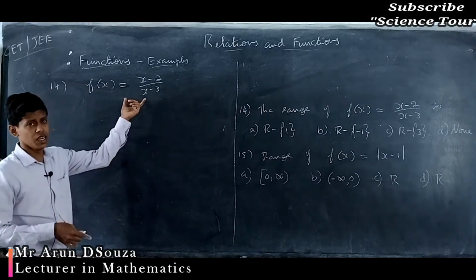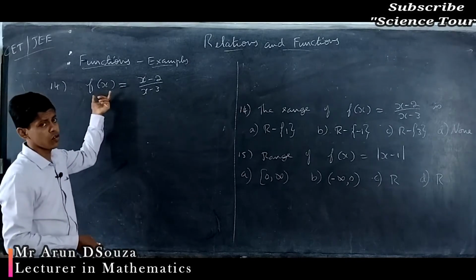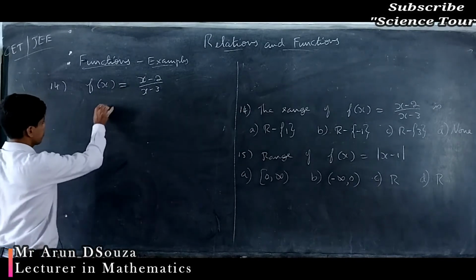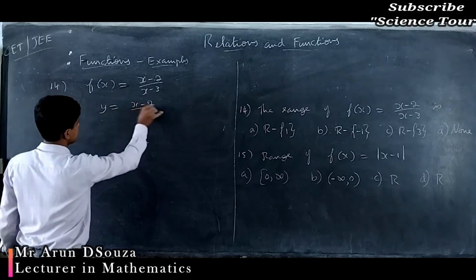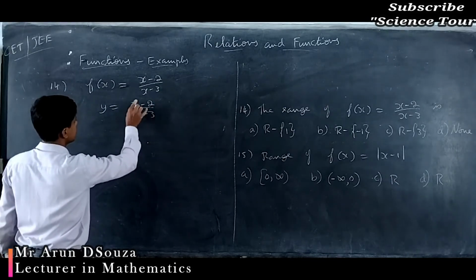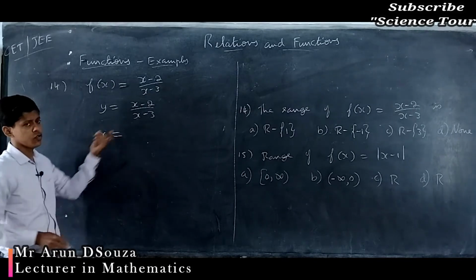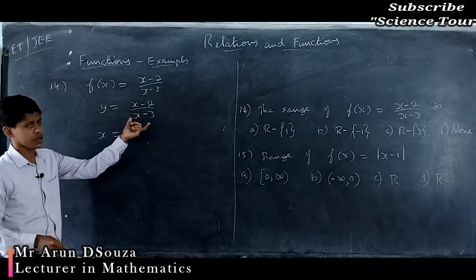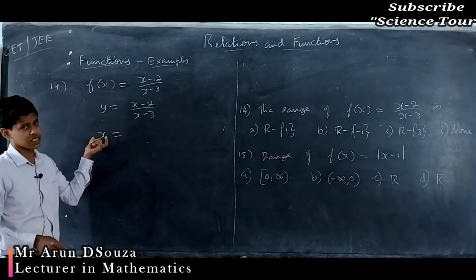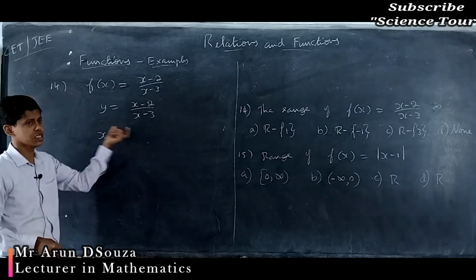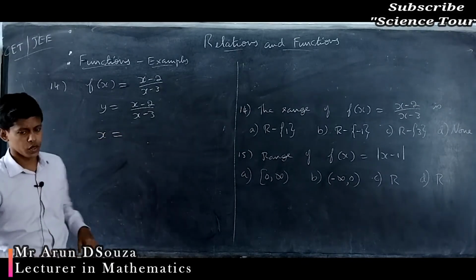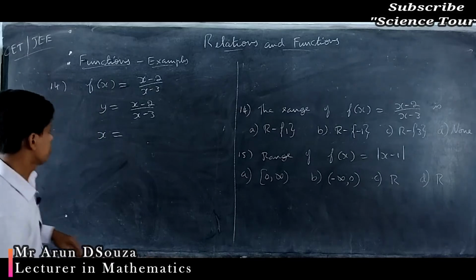So what did we learn? We have to write f of x as y and then try to express x in terms of y. So try to get x equal to something. How are you going to achieve that?